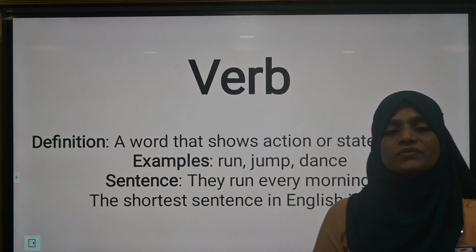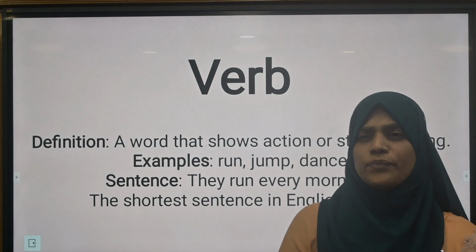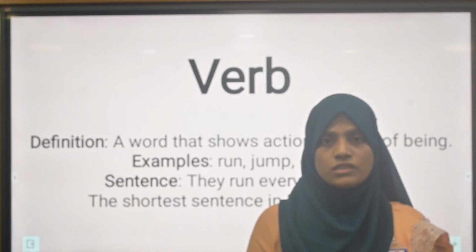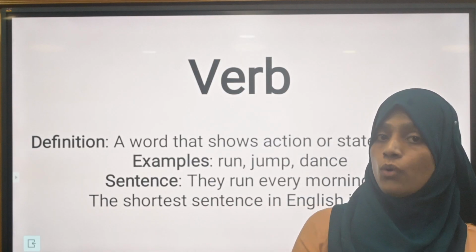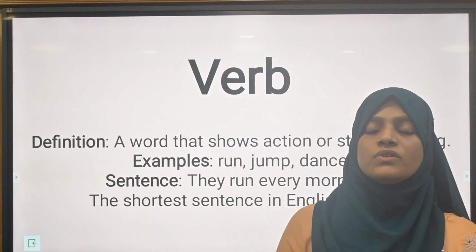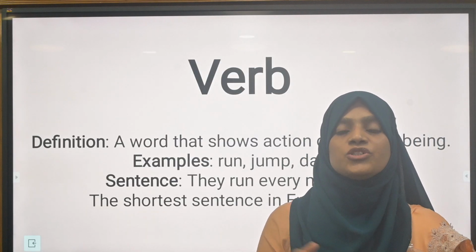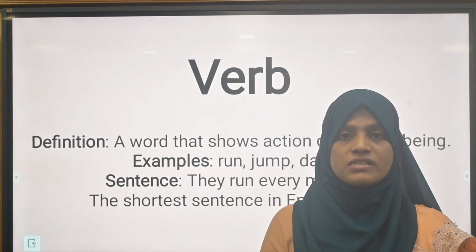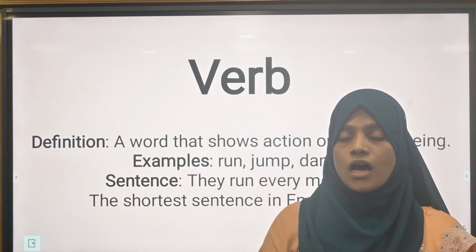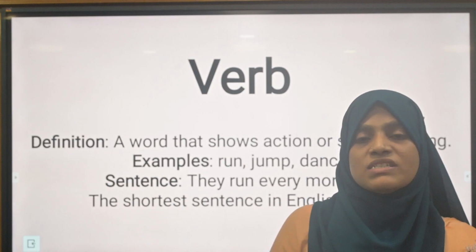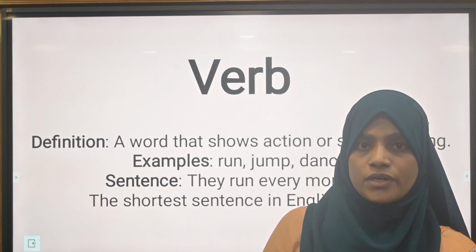Now we'll see the verb. With the noun we can make a simple sentence. But if you want to add more detail about the sentence, we can use the verb. The word verb denotes an action or a state of being. It shows whether the action is happening in the present or the past, and how the action is. So the verb, in short, is the action word.